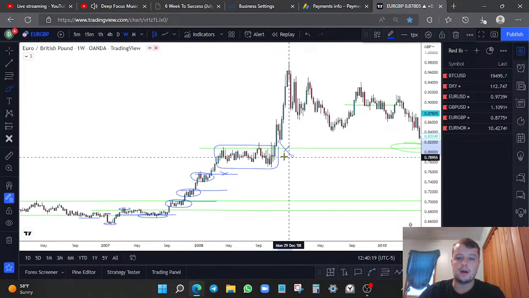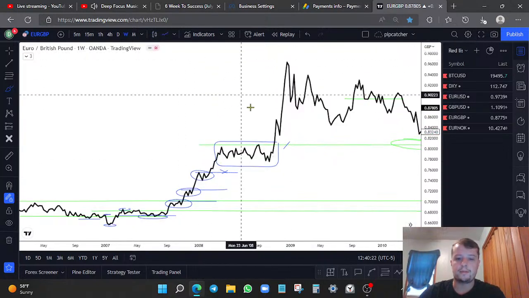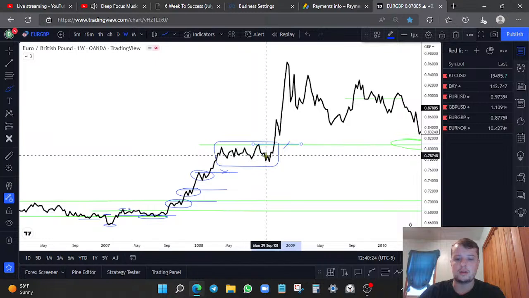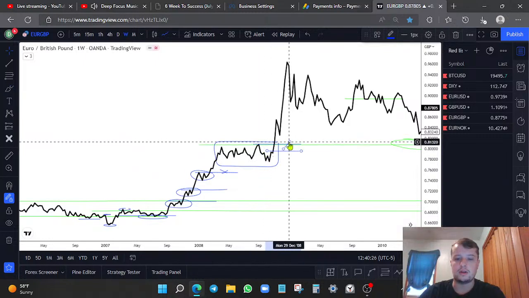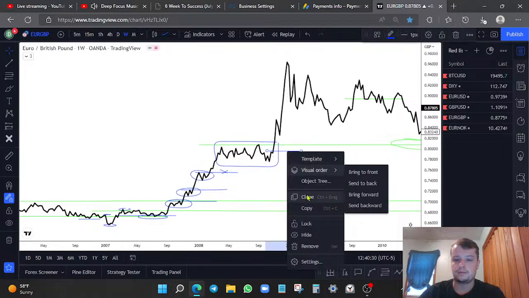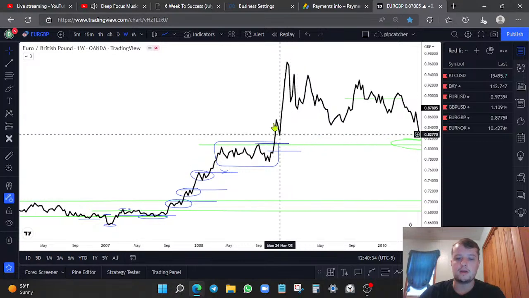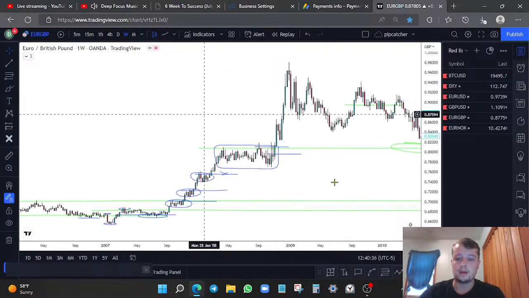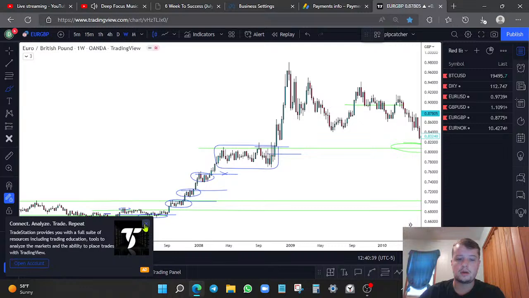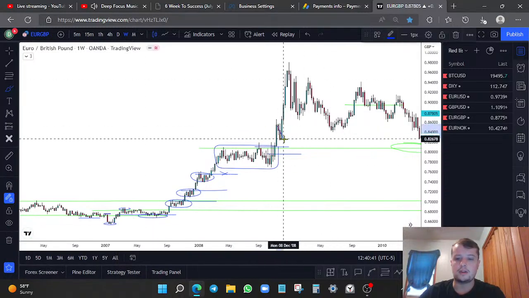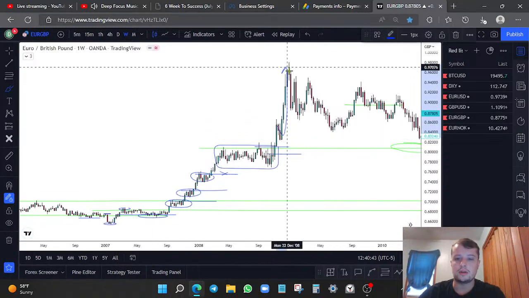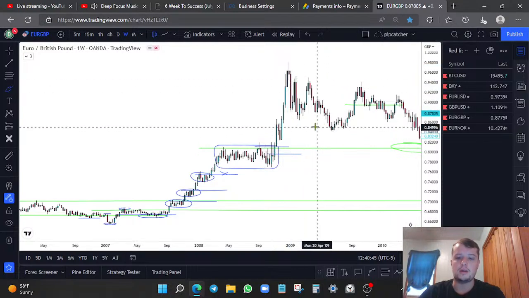It doesn't come back to, let's say, this structure or this structure here. Price doesn't come back to these areas, right? So what does it do? It gives us a retracement and then a huge push again to the upside.